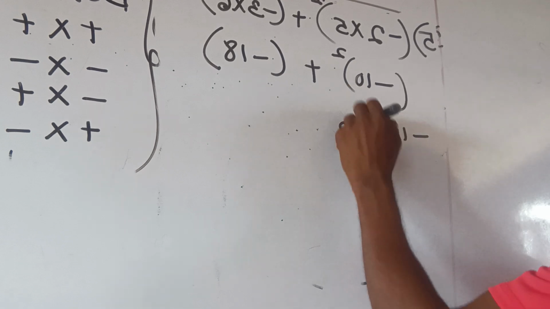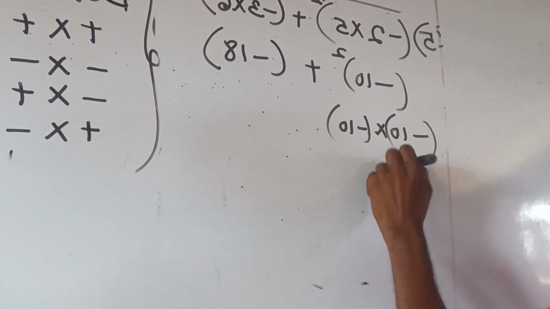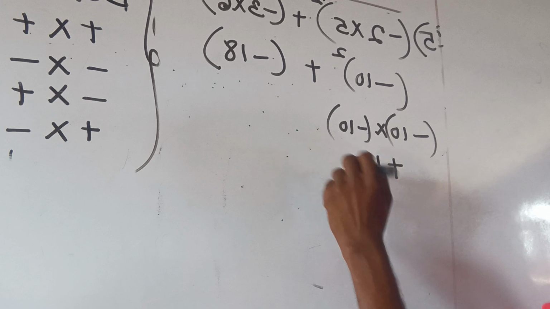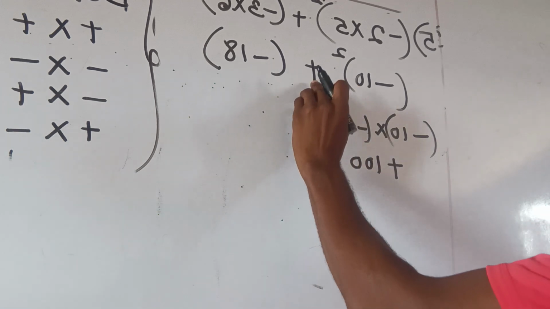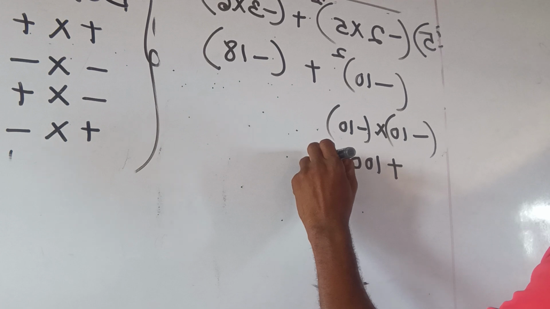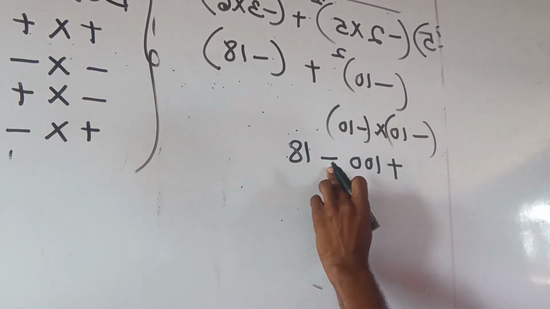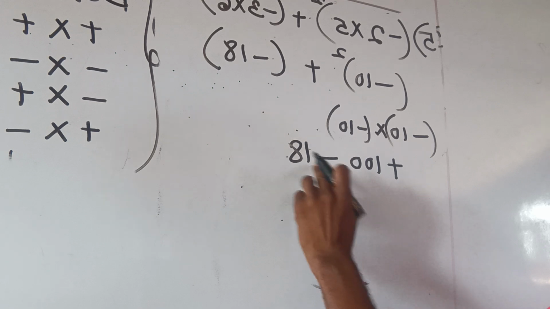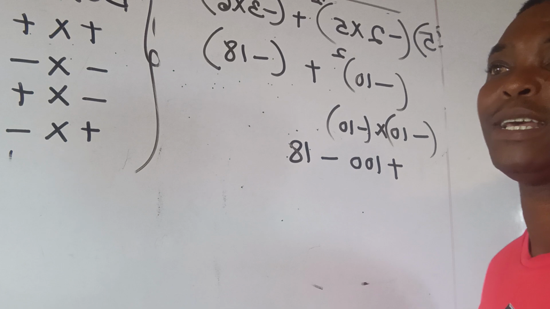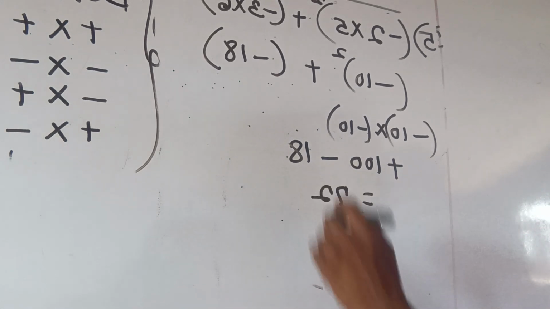Minus times minus is plus. 10 times 10 is 100. Plus times minus will give me minus 18. Bring your 18 down. Plus 100 minus 18 will give you 72.